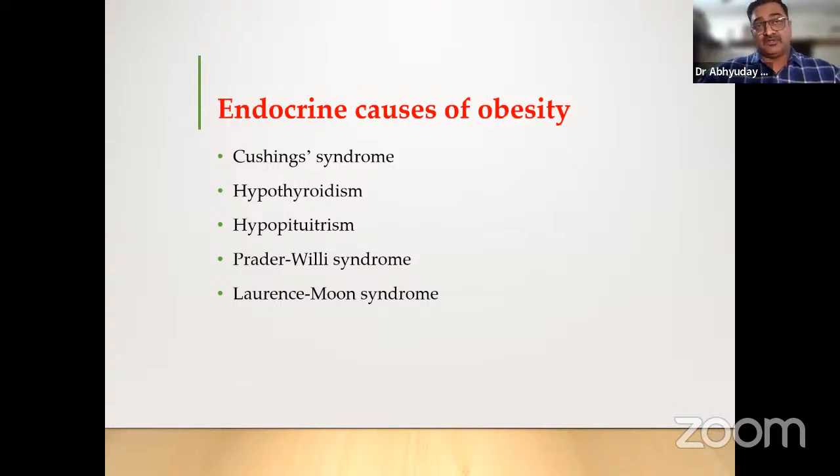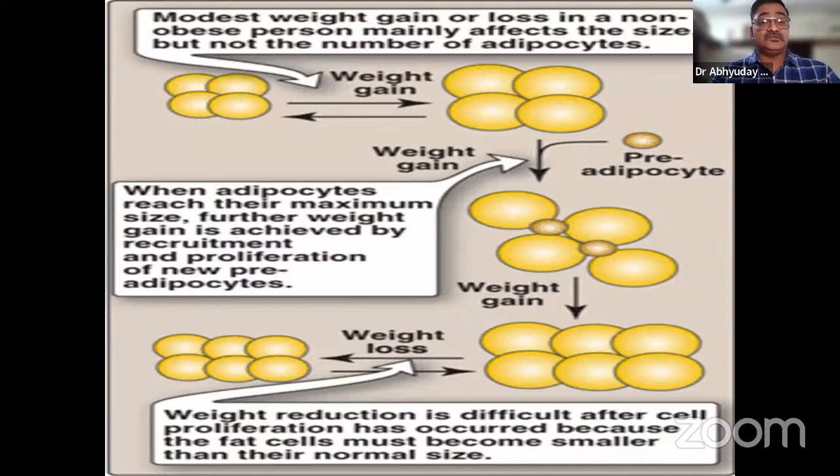Then we have hypopituitarism, where a lot of hormone deficiency occurs due to various reasons, leading to deranged hormone balance and increasing the weight or obesity. Then we have some syndromes due to genetic causes, like Prader-Willi syndrome and Laurence-Moon syndrome, where we have seen morbid obesity even in children.